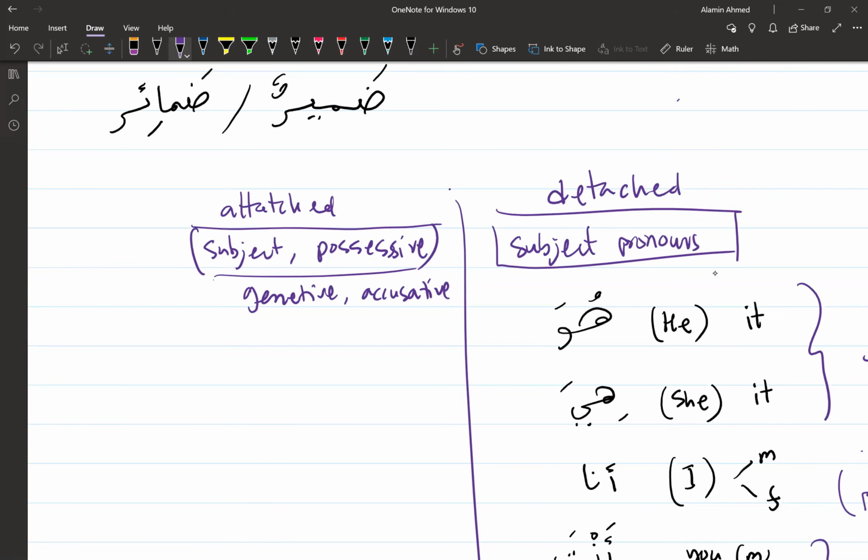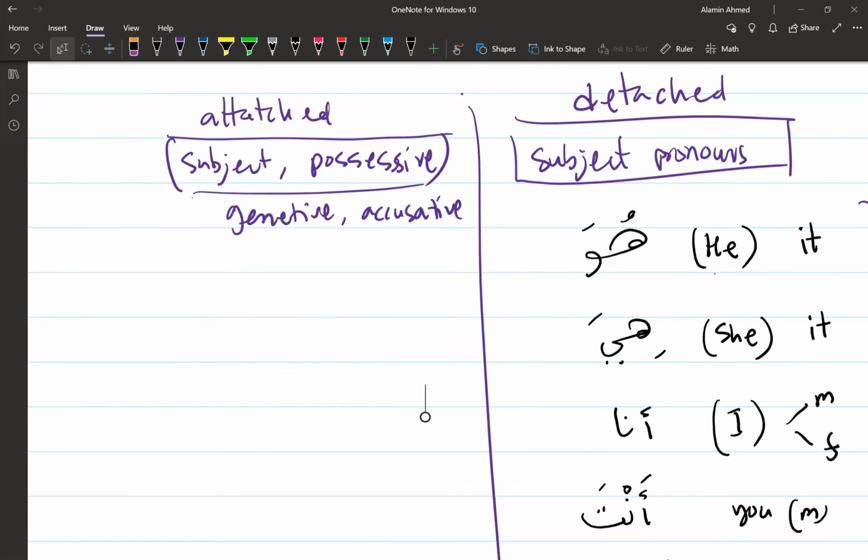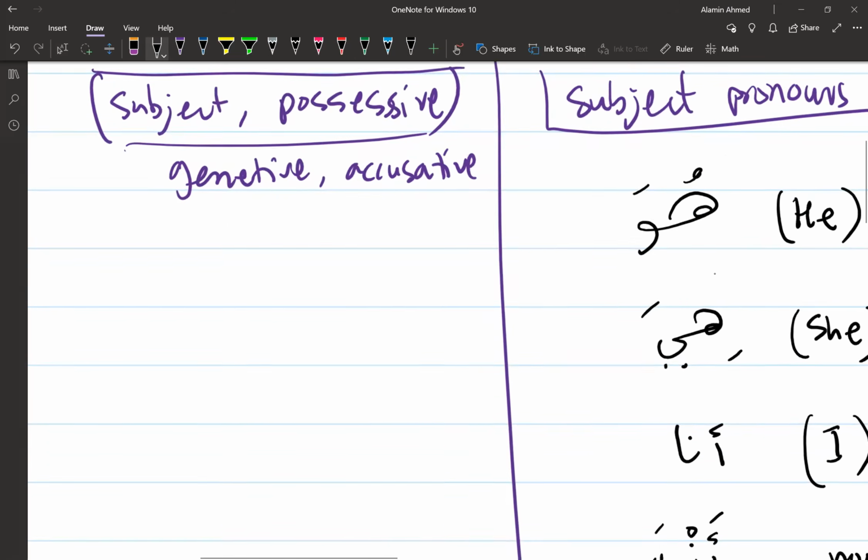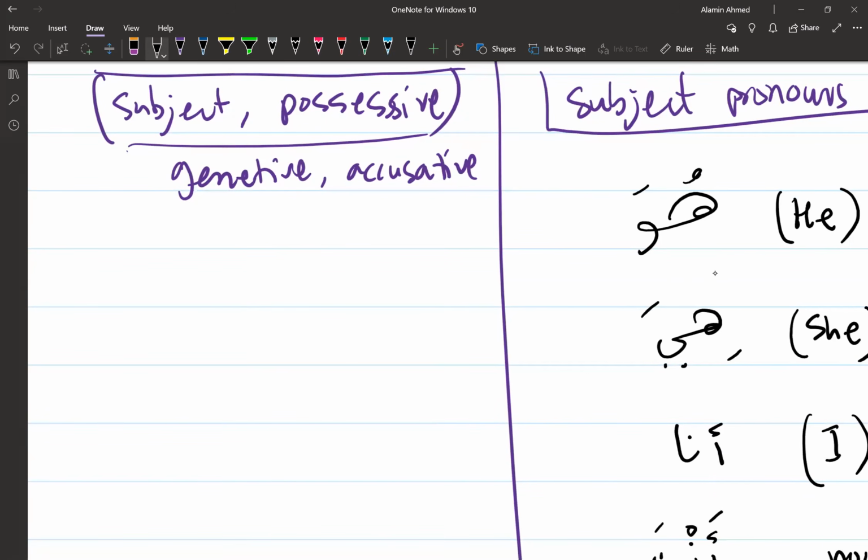Okay. Now, let's see, how do we see them? What's the genitive, or what's the attached pronoun, of huwa? It is simply hu. Maybe I should write it a little bit better.